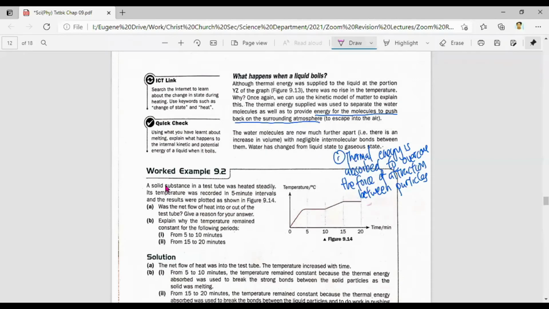I'm going to write in pink: plus push back on the surrounding atmosphere. So this pink color part is the additional change that you need to write for boiling.